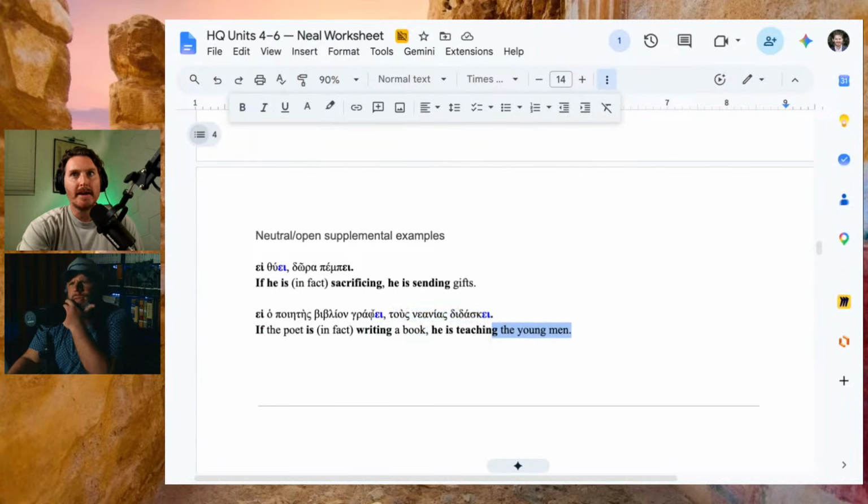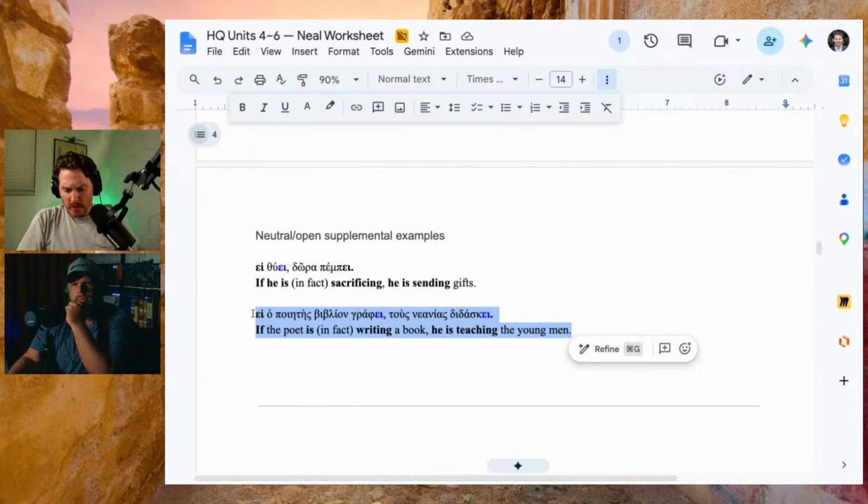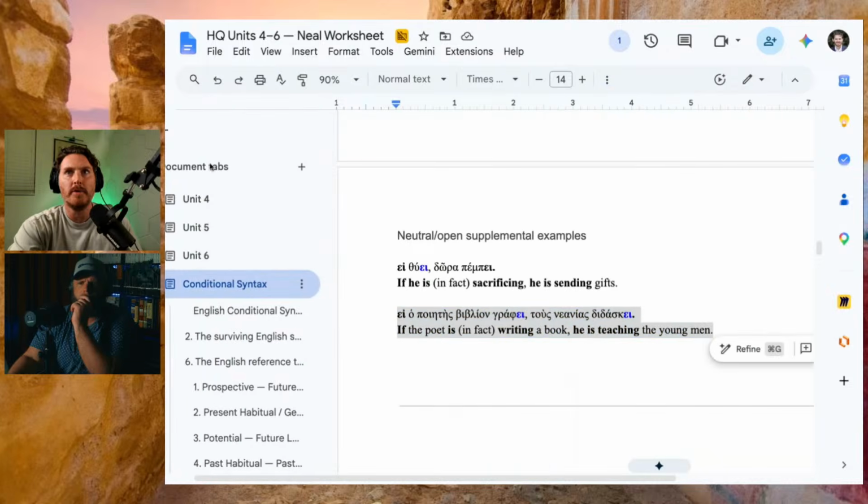Neutral is like an appendix. This one isn't really that complicated. I think they give it to you in the book. I think it does come up in the exercises as like little curveballs here and there. So we may encounter it.